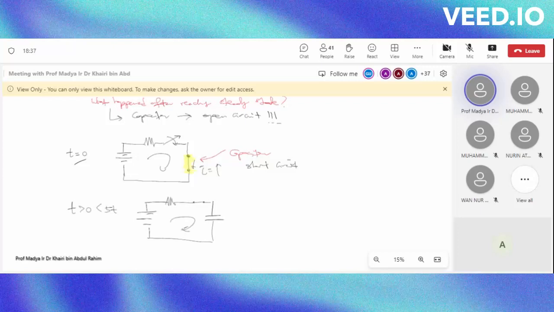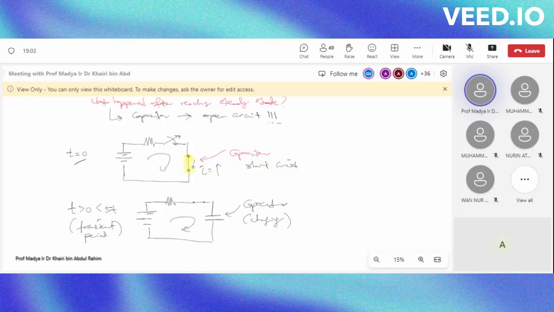So in this particular time, it is called transient period, okay, and in this particular period this is capacitor. It's charging, okay, it's charging.